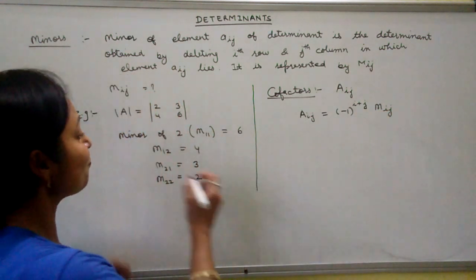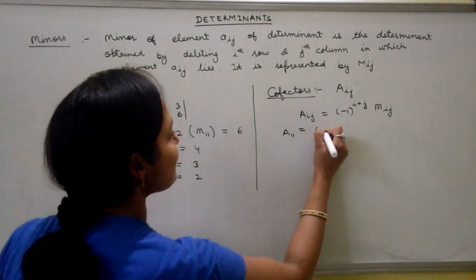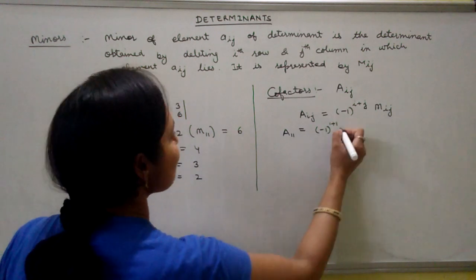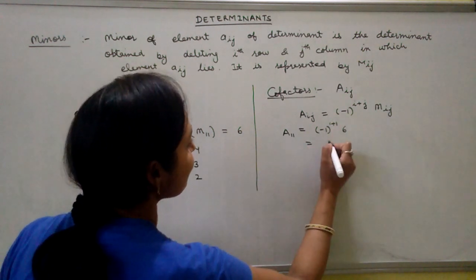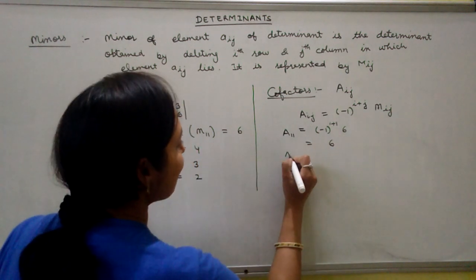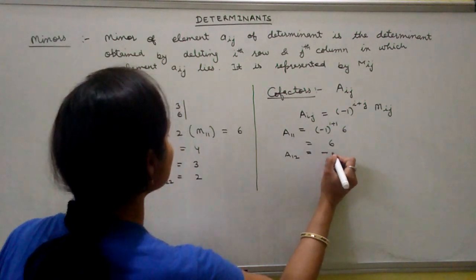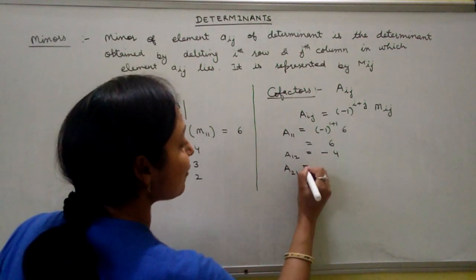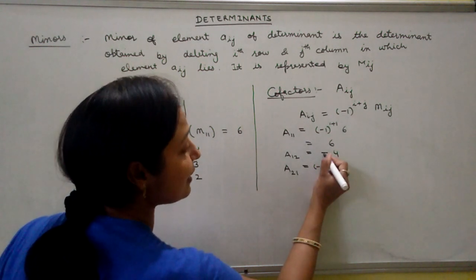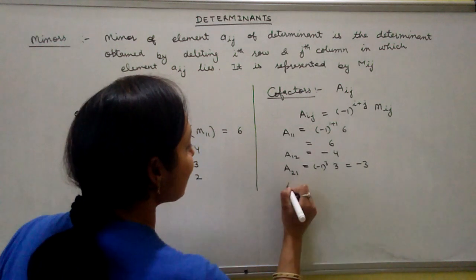Now if I want to find A11, this is (-1)^(1+1) times 6, that will equal 6. Even A12: (-1) raised to power 3 is -4. A21, again (-1) raised to power 3 makes it negative, and with the 3 we have -3.